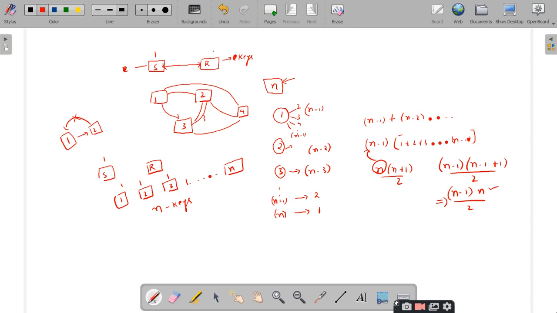So the first person has to have n minus 1 keys, and the second person needs n minus 2. Like that, it will generate a sequence 1 plus 2 plus 3 and so on up to n minus 1. So this is the formula you will get here. Clear?